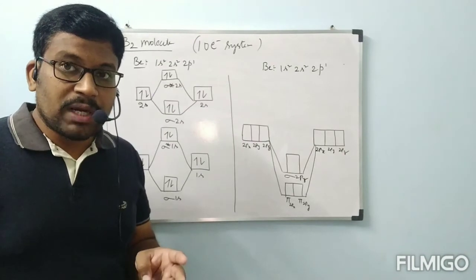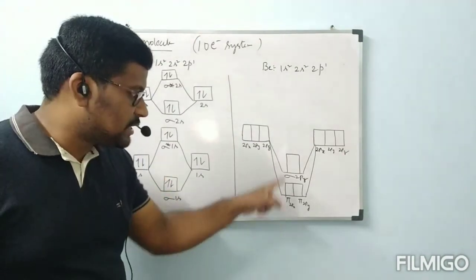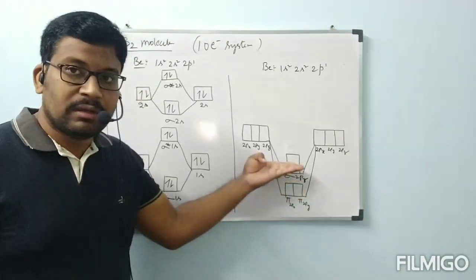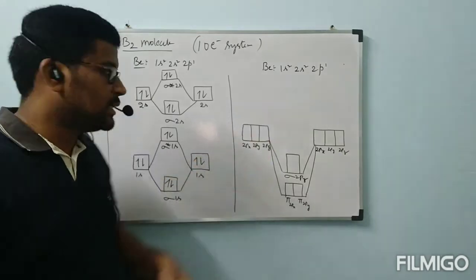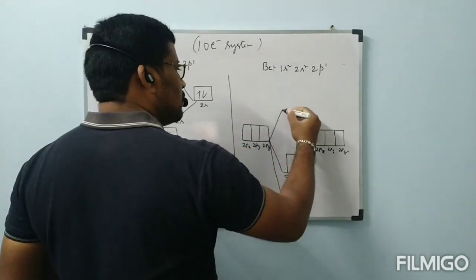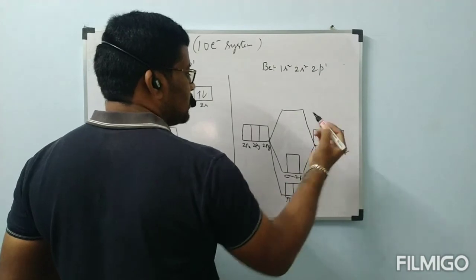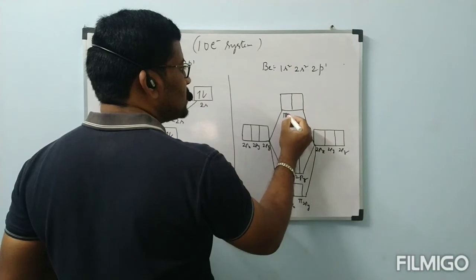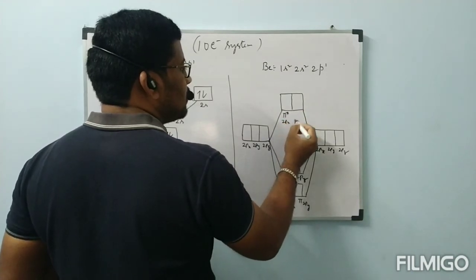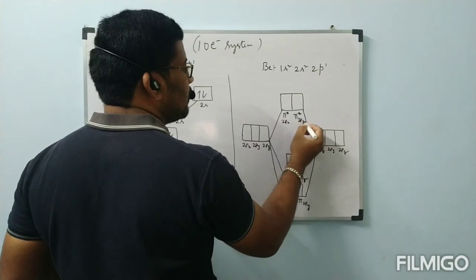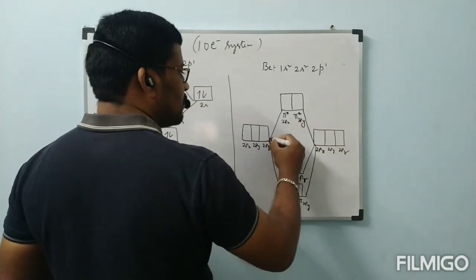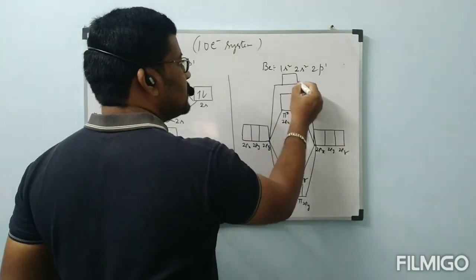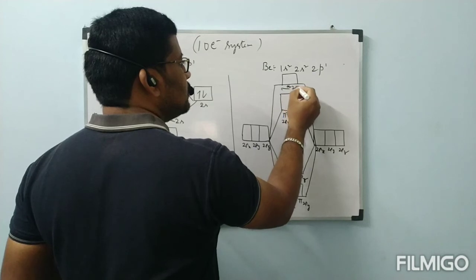How many bonding molecular orbitals? I said 3. Those 3 are these 3. In that, this one is lower energy, next to this one. Next, anti-bonding molecular orbitals. What is the order? Pi star 2px, pi star 2py, and finally high energy, that is the single orbital sigma star 2pz.